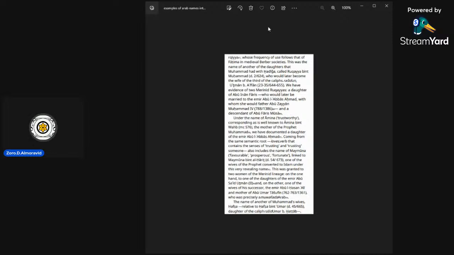Then it spread to the local populace, nested in our brains, and was passed on from generation to generation, because the nature of Moroccan society is really traditional in terms of onomastics, religion, families and history. It's purely traditional.